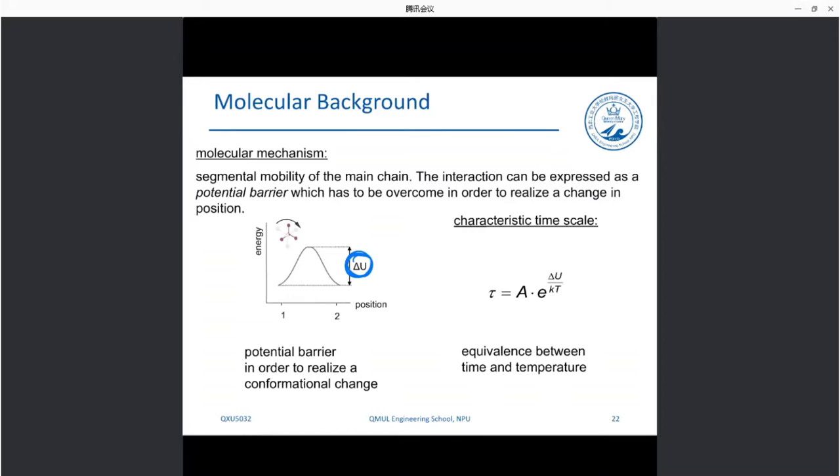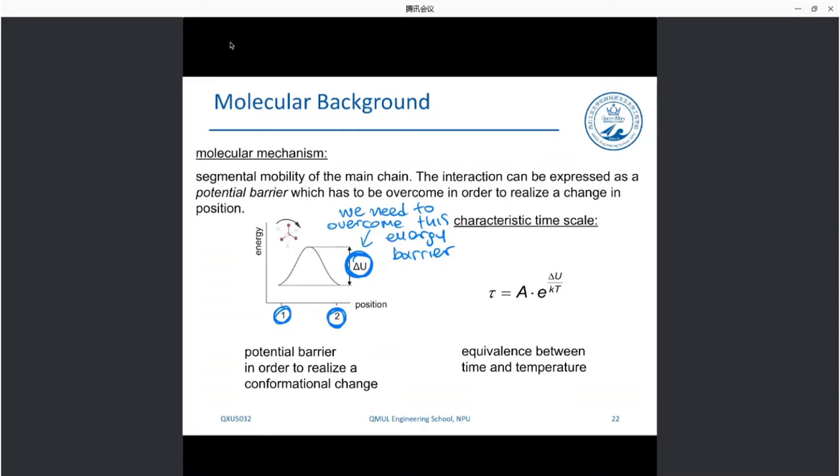In order for a chain to go from a position 1 and conformation 1 to a conformation 2, we need to overcome this barrier. And in order to overcome this energy barrier, we need to provide more thermal energy, okay?